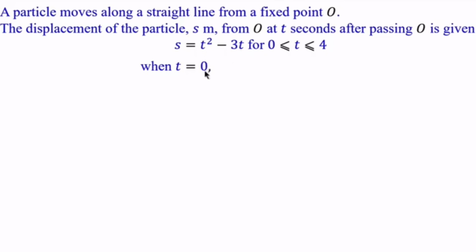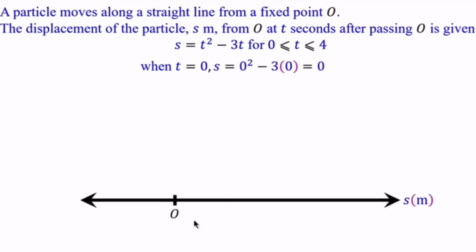When t is 0, we substitute: s is equal to 0 squared minus 3 times 0, so we get 0. It means the particle is initially at the fixed point O, at t equals 0. That is the starting point.